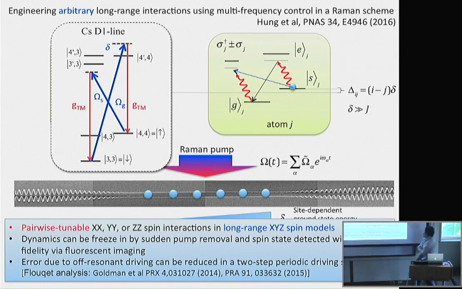Okay, and this kind of thing is basically a Floquet driving of the coupled system. So actually there are some errors in it, but there are also some schemes that we can use to remove this error. All right.